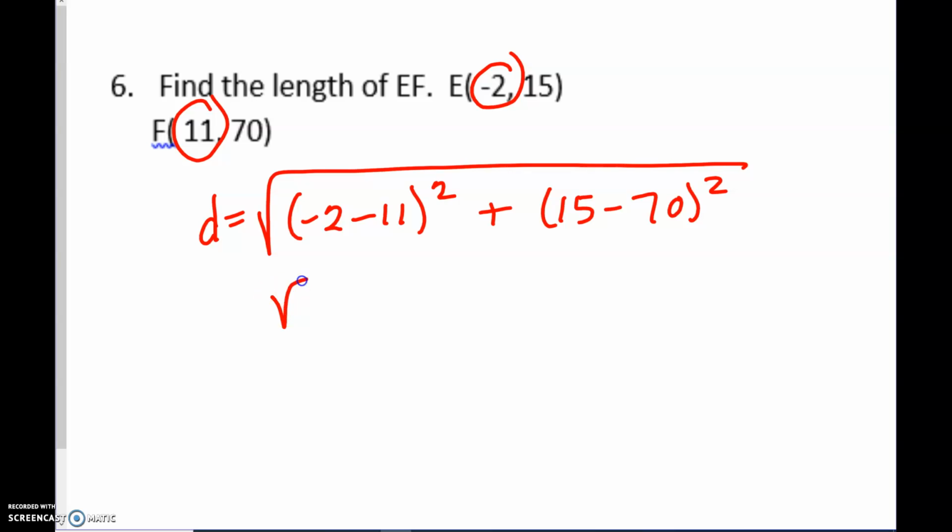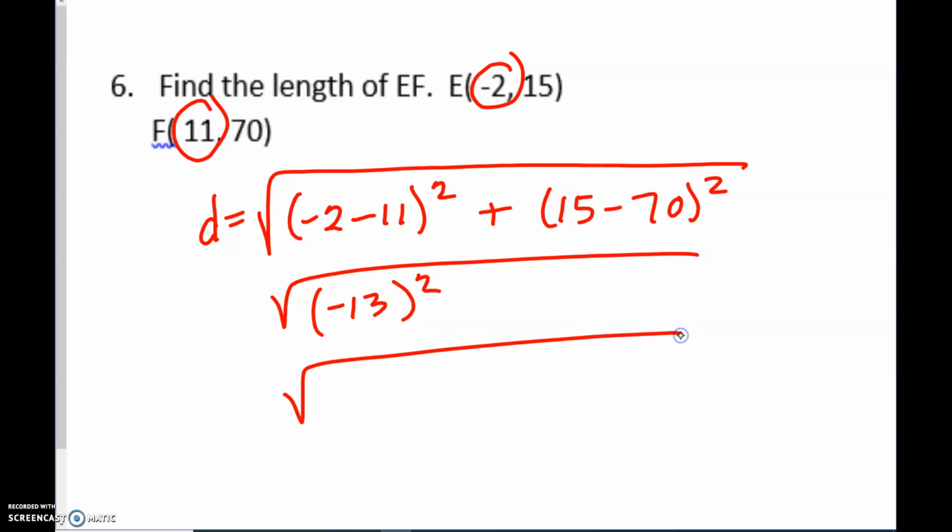Negative 2 minus 11 is a negative 13 squared. See how I have parentheses around the whole thing, because anything squared is going to get you a positive number. Now we have 70 minus 15, so this is going to be a negative 55 squared.